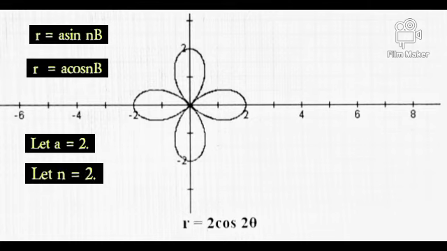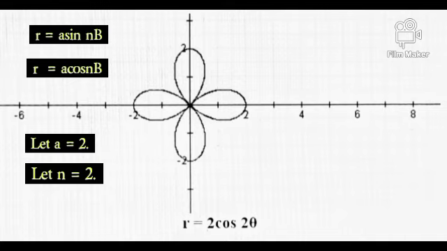We fix the value of a at 2 and we vary the value of n. And the initial value of n is 2. If a is 2 and n is 2, the polar equation r equals a cosine nb becomes r equals 2 cosine 2b.